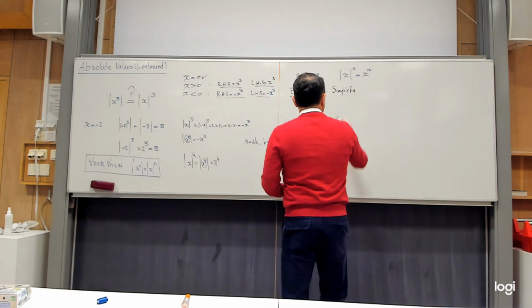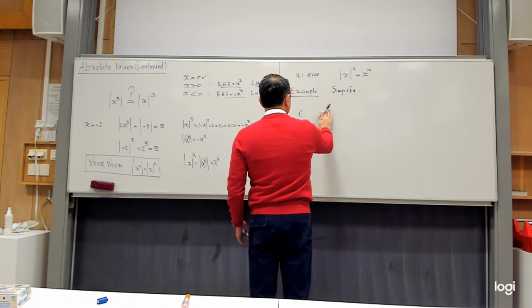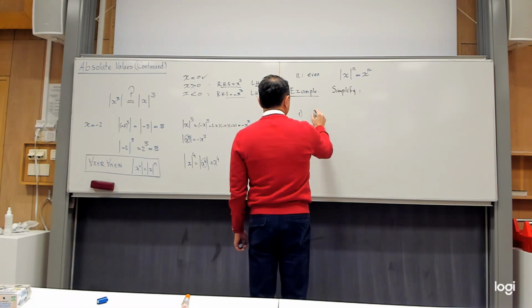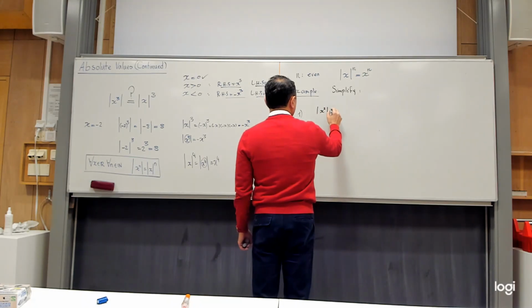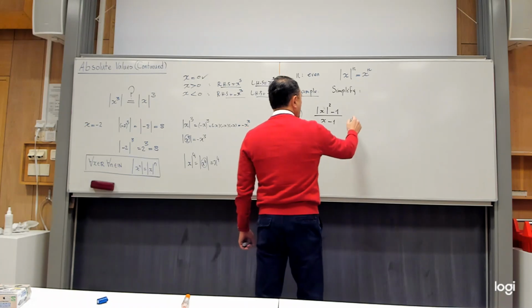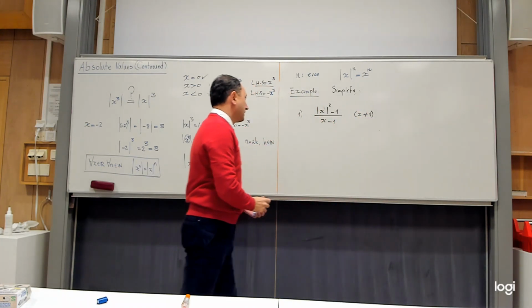Okay, so number one: absolute value of x squared minus 1 divided by x minus 1. Of course, here I am assuming that x is not equal to 1, otherwise this does not make sense.